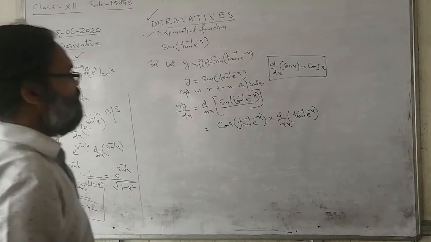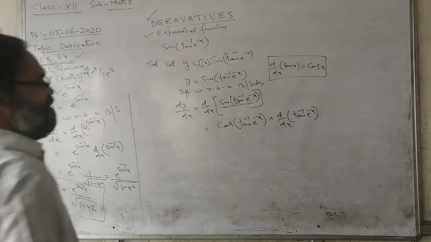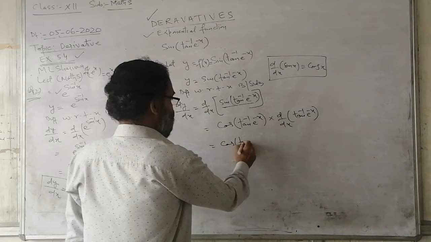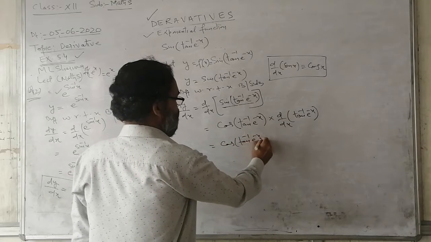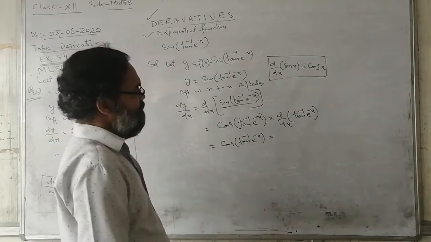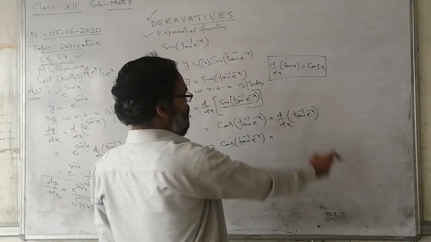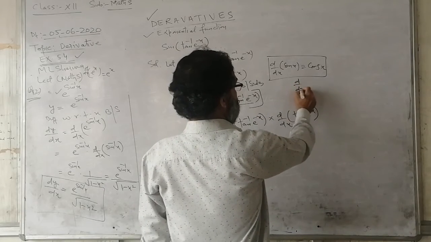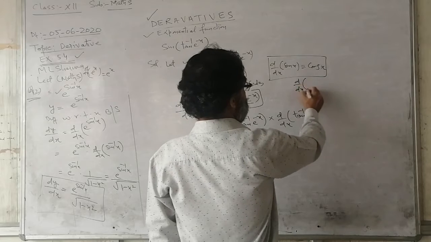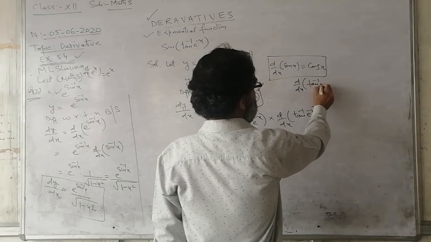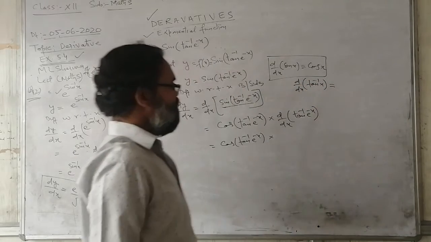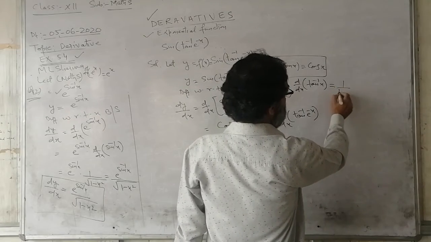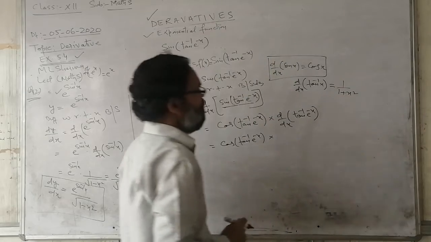So in this way I will write, now this will be cos of this angle into derivative of tangent inverse. Yesterday I had written 6 formulas of inverse trigonometric ratios, and this is 1 upon 1 plus x square.